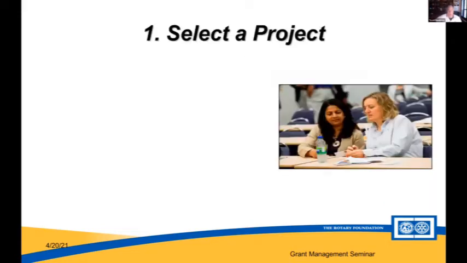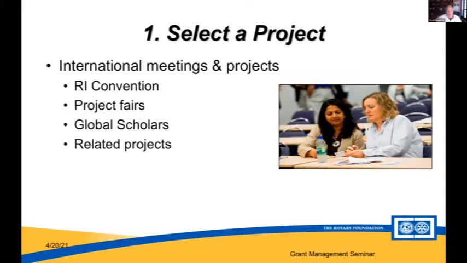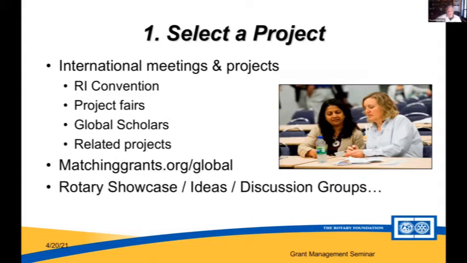Selecting a project is really, really critical, really important. There's a variety of ways to get introduced to a project, learn about a project, get involved in a project, and decide to do a global grant. The best way is in discussions with other Rotarians.